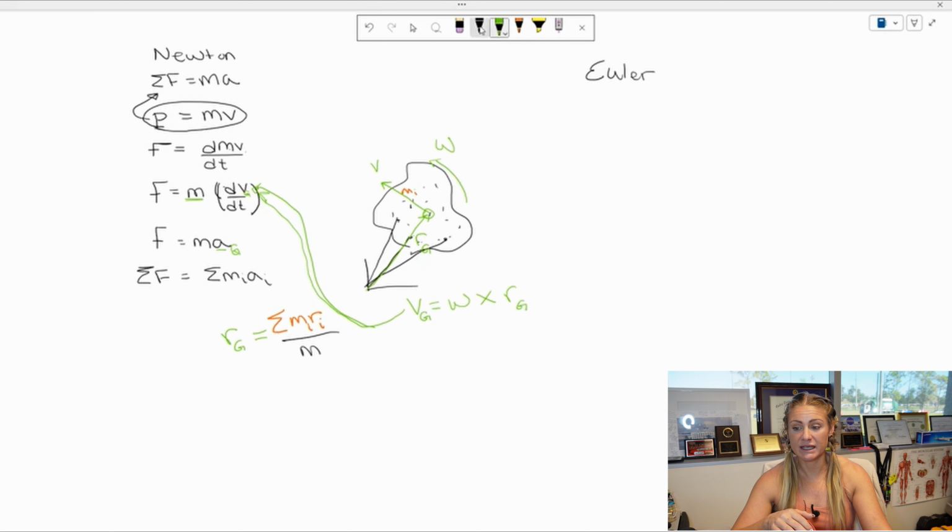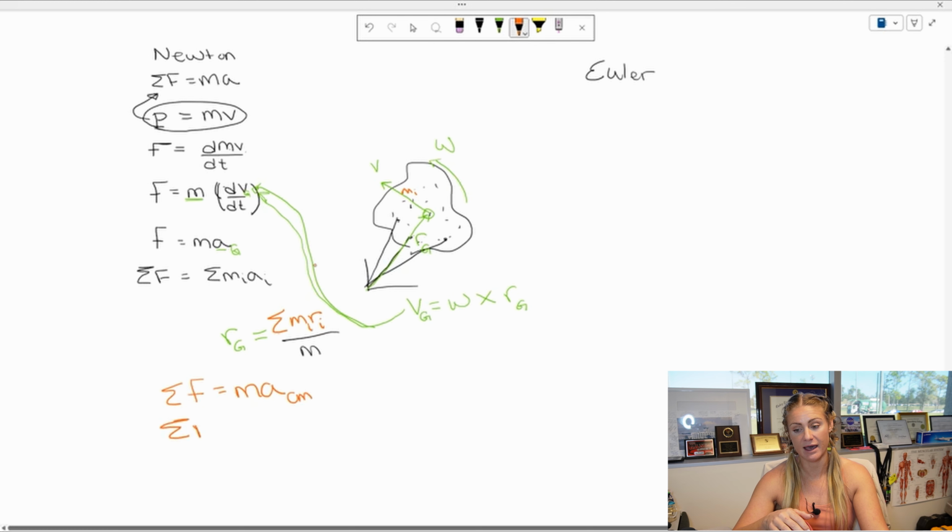So in planar motion, I really want you guys to understand that when we use the sum of the forces equals ma, it's really ma of the center of mass. And when you break this up into components, sum of the forces in the x direction equals ma, it's still the center of mass, it's in the x direction though.